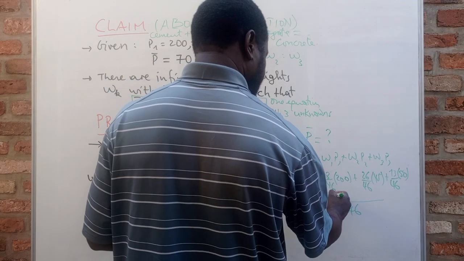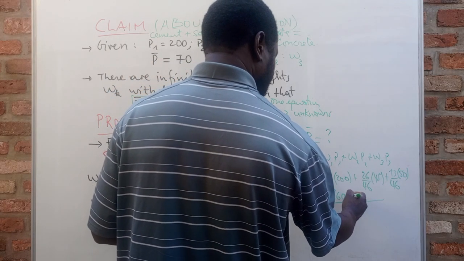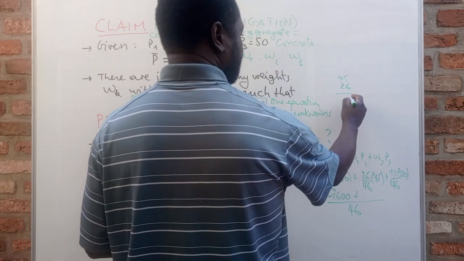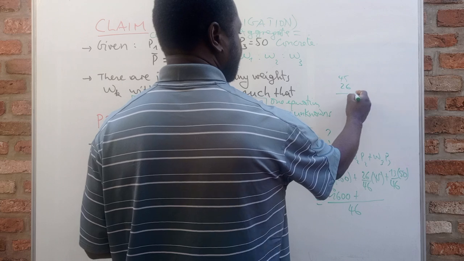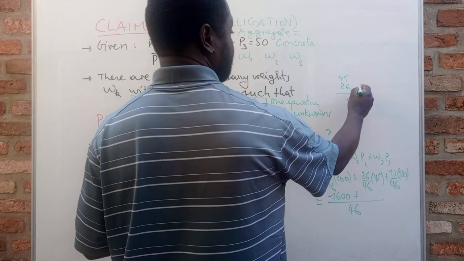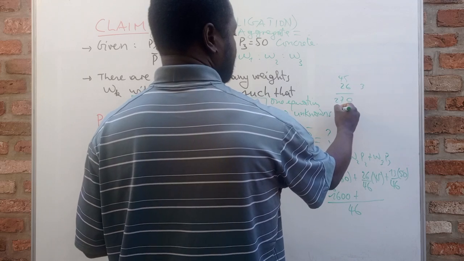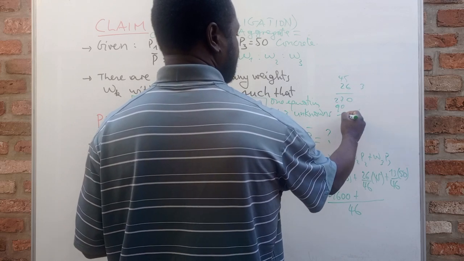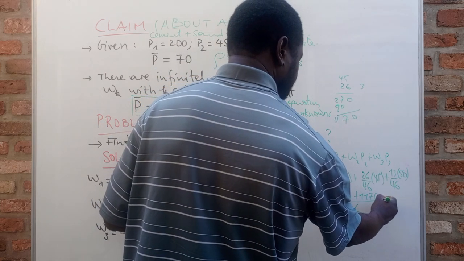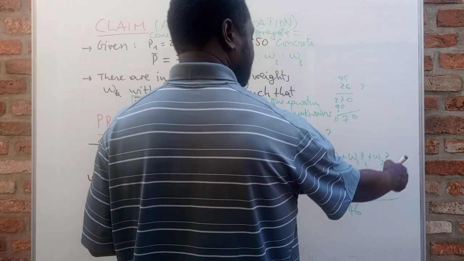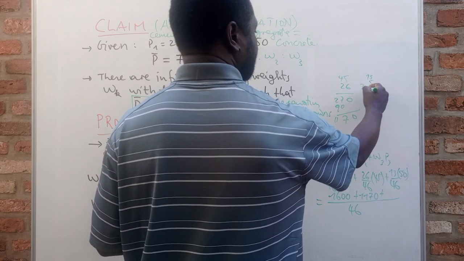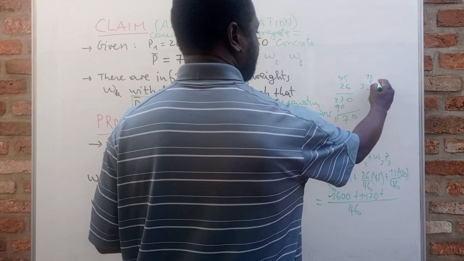So I'm gonna have 1600 plus now 26 times 45. 26 times 45 is 1170. I have to add 13 times 50, and 13 times 50 is 650.